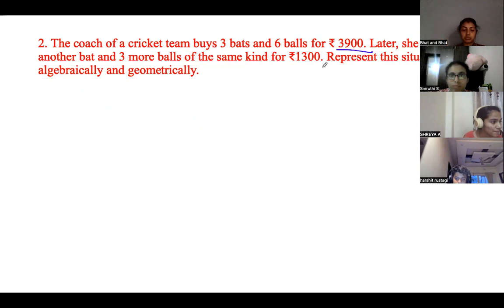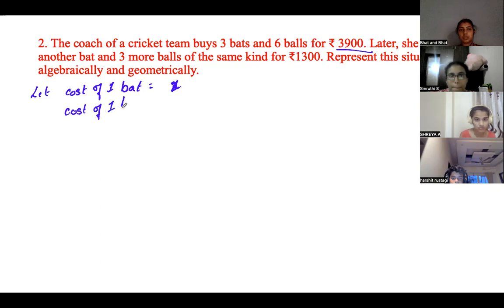We have to find that out. So let us consider the cost of 1 bat to be x rupees, and in the same way, the cost of 1 ball will be y rupees. Got it?